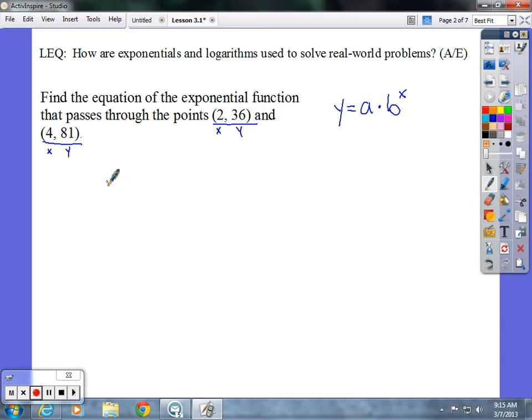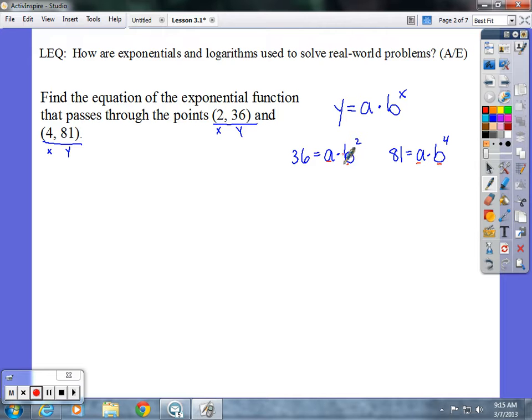So if we substitute those numbers in for x and y, we would end up with 36 equaling a times b squared, and we would end up with 81 equaling a times b to the fourth. So what we want to do is go ahead and solve this system of equations. The system has two variables, and we have two equations, so we should be able to do that.